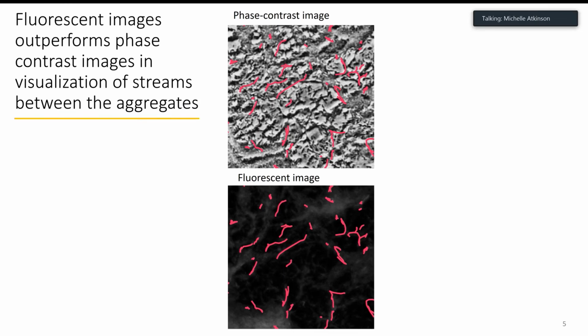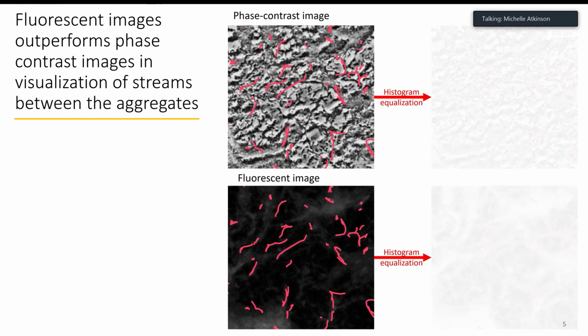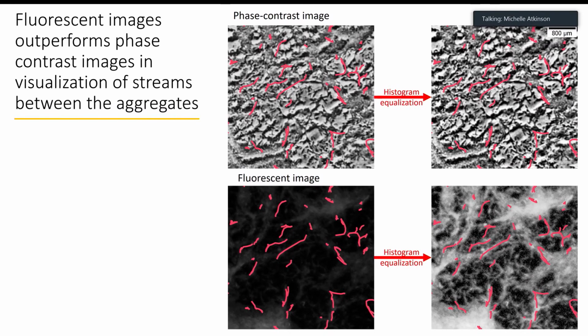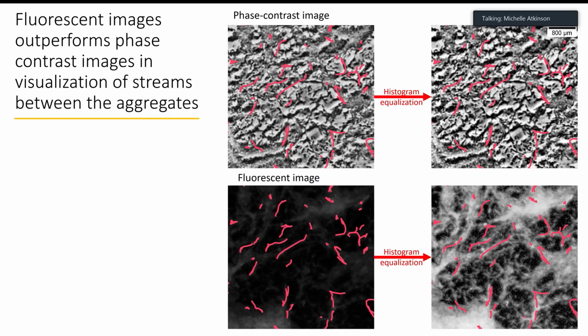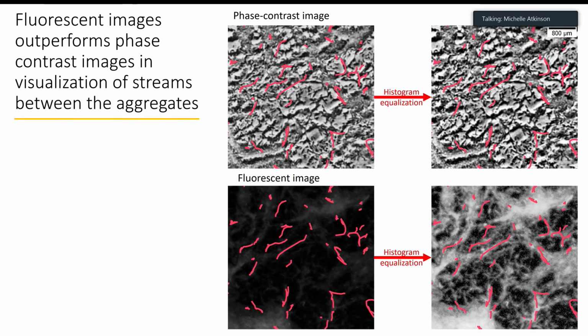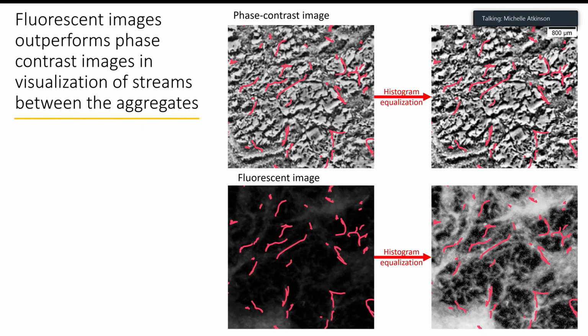Then we move on to another pattern called streams. The streams can be visualized with histogram equalization, because it can enhance the background intensity. After histogram equalization, we superimpose the cell trajectories over 50 minutes. These are shown in red on these images.